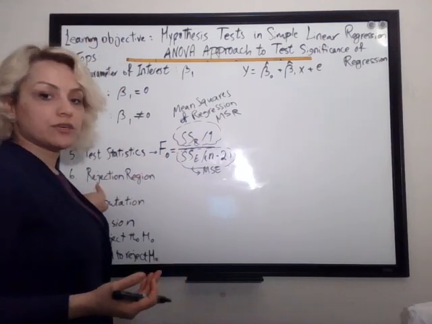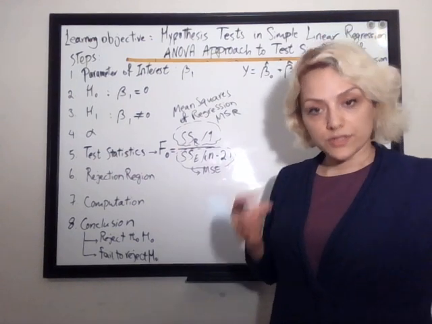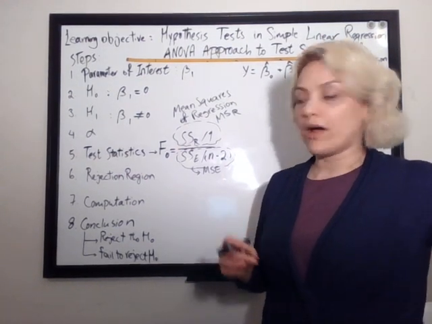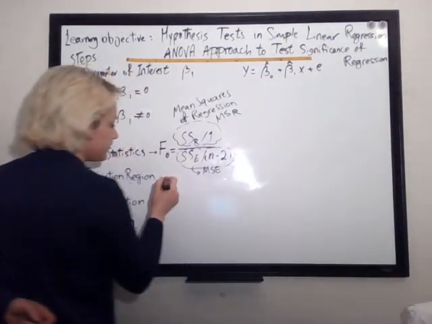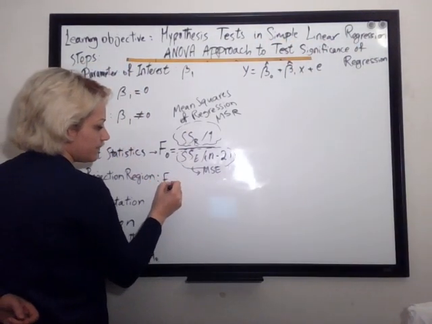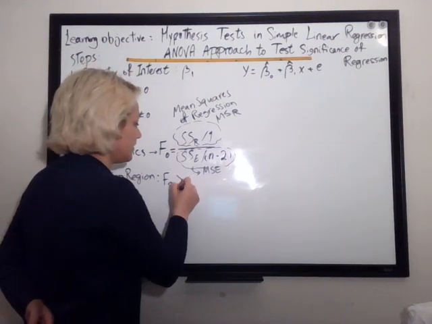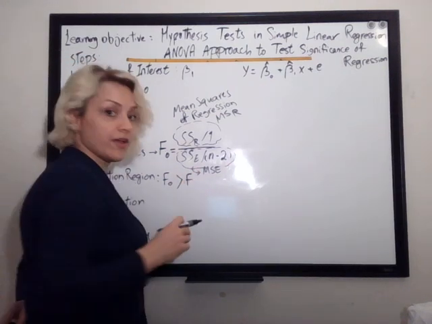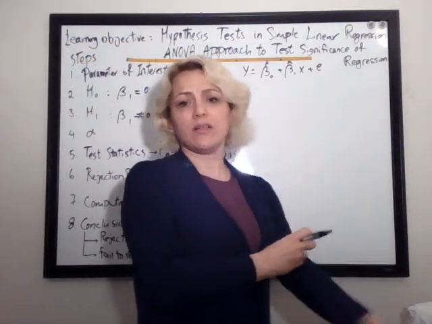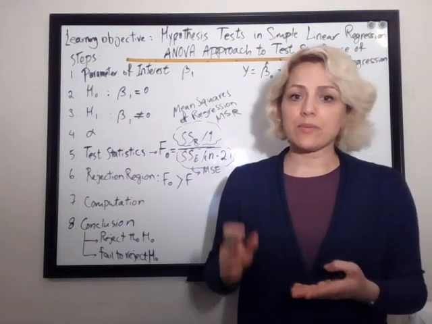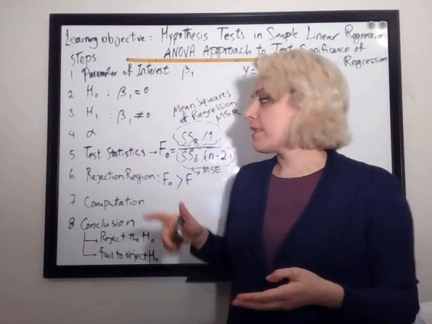Next is the rejection region. We are going to reject the null hypothesis if our F null, the F that I found here, is greater than some F from the table. Like the t table, chi-square table, and z table that we worked with, we read it from the table.